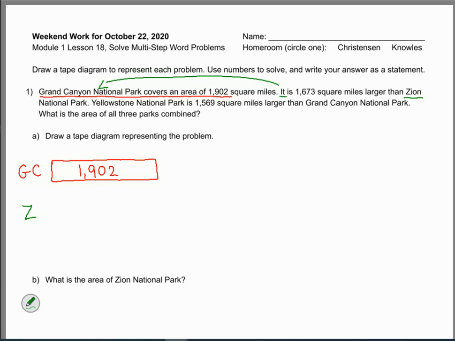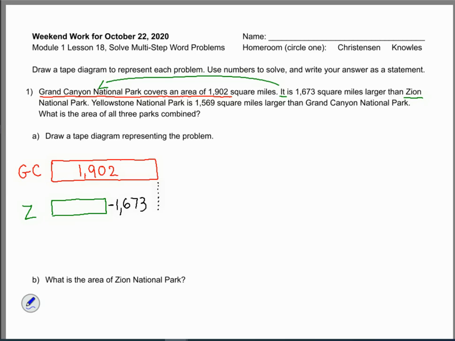So if I were to draw a tape diagram, I would make Zion's smaller because I know it's smaller than the Grand Canyon. I don't know what it is yet because I have to figure that out. And how I figure it out is I subtract the 1,673 from the Grand Canyon's number. Then I'll know what Zion is.